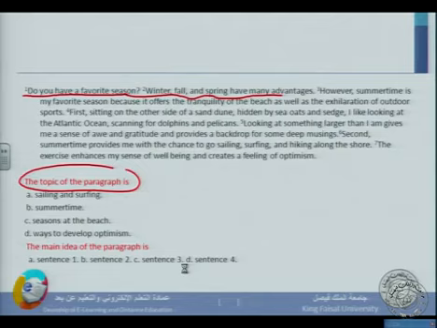Okay, and what is the main idea of the paragraph?